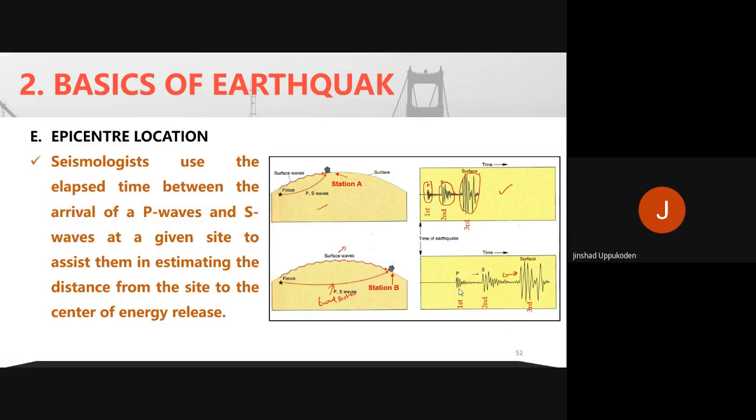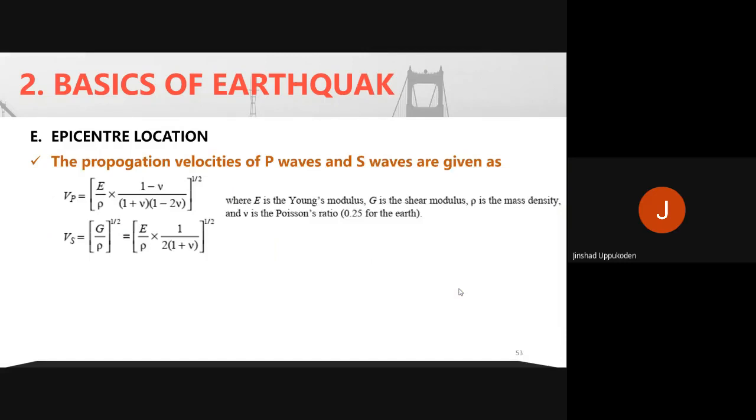These are the velocities of P waves and S waves, depending upon the different properties of the Earth's crust or the upper lithosphere, where E is the Young's modulus, G is the shear modulus, rho is the mass density, and nu is the Poisson's ratio. These are not exact constant values; slight variations are there depending upon where you are located.